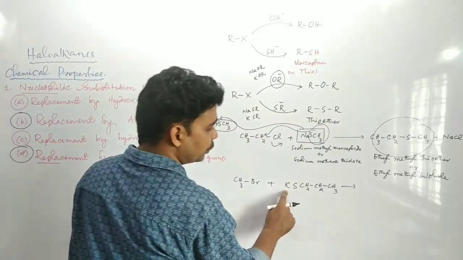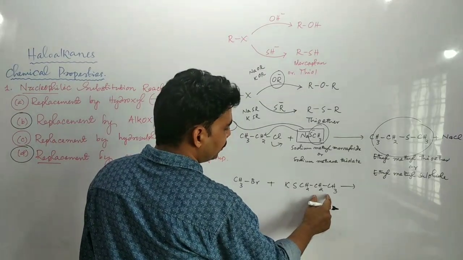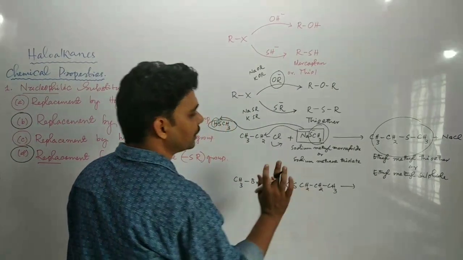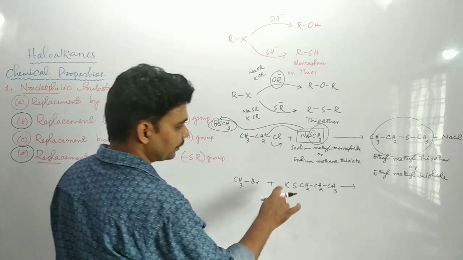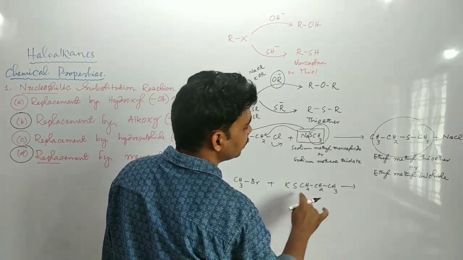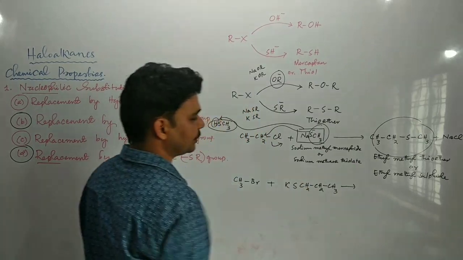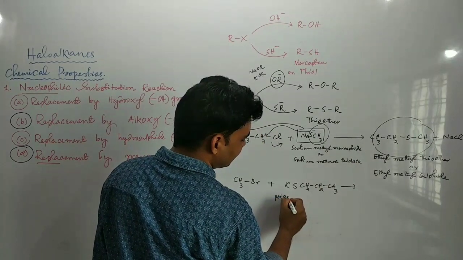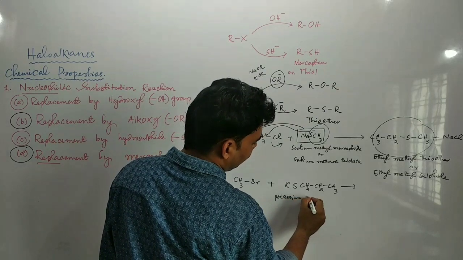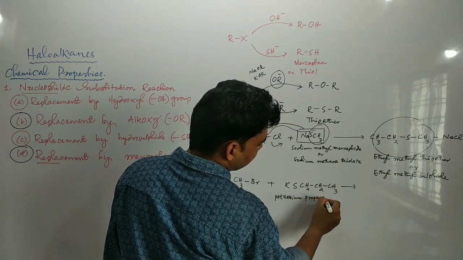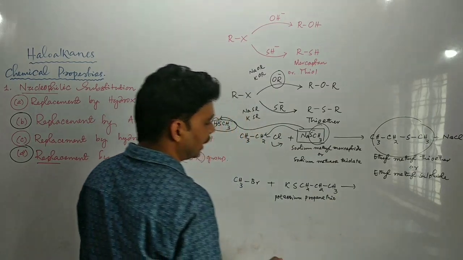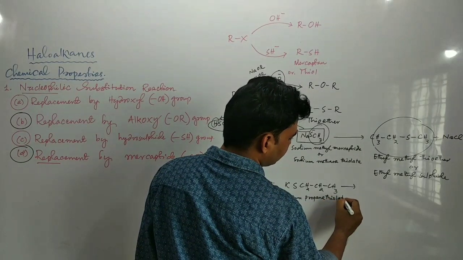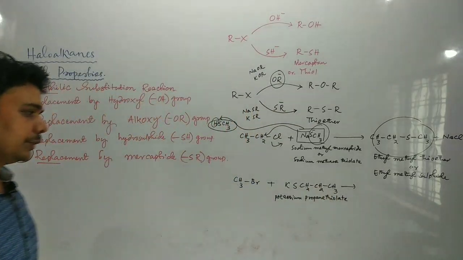This is potassium n-propyl mercaptide, or you can say this is potassium propanethiolate. Propanethiolate. This is from propanethiol. Okay.